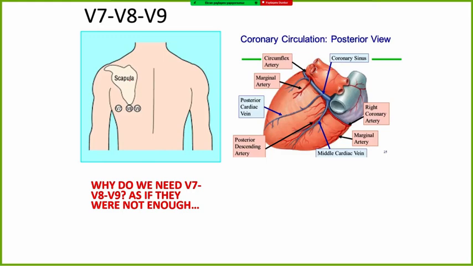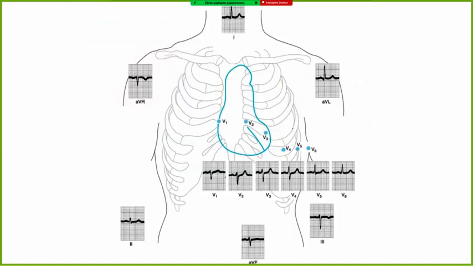If there is something wrong with the posterior descending artery, for example, if a blood clot here doesn't allow blood flow to the back wall of the heart, the muscle cells here will begin to die. So we will see this in the ECG recording.